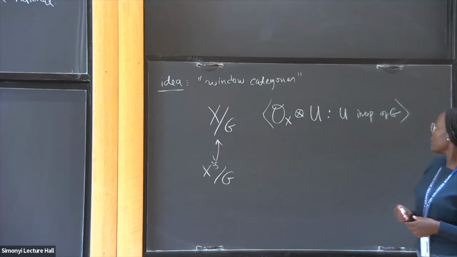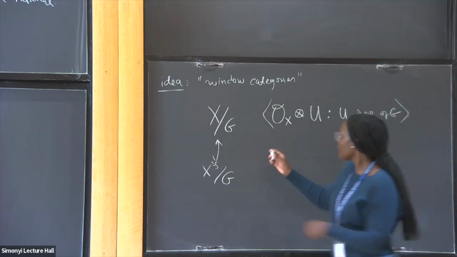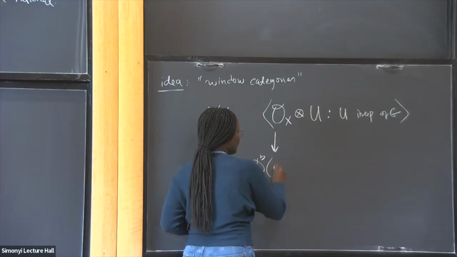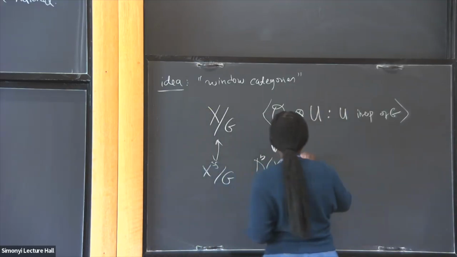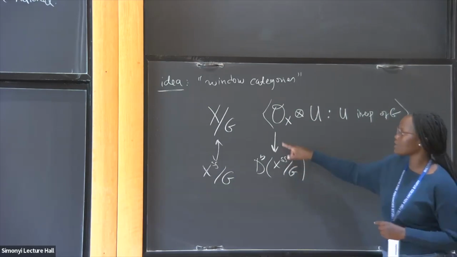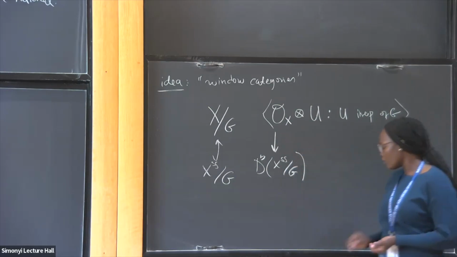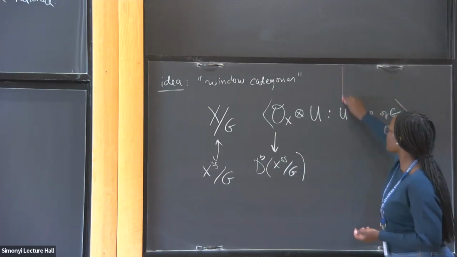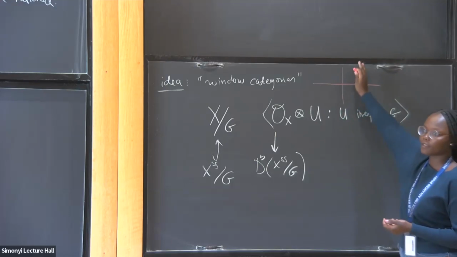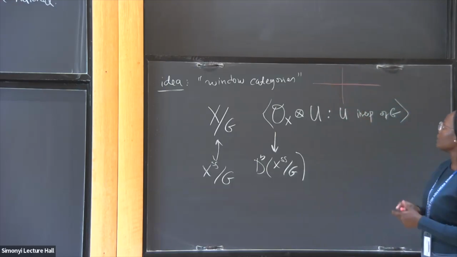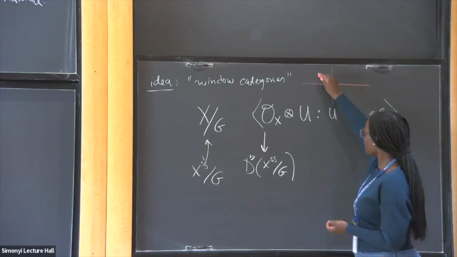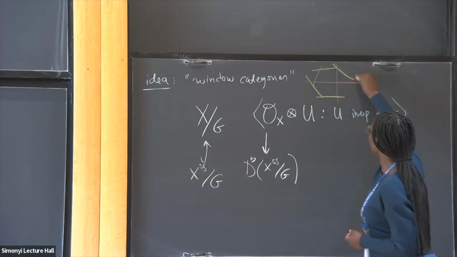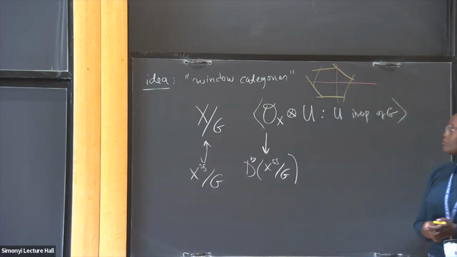So now the idea of window categories is that, well, this is open. And so if you restrict to the derived category of the semi-stable locus, this GIT quotient, this is essentially surjective. Now, imagine the characters of these irreps living in the weight space of your group. The idea is that you want to find some kind of window, maybe some bounded region in the weight space of your group.